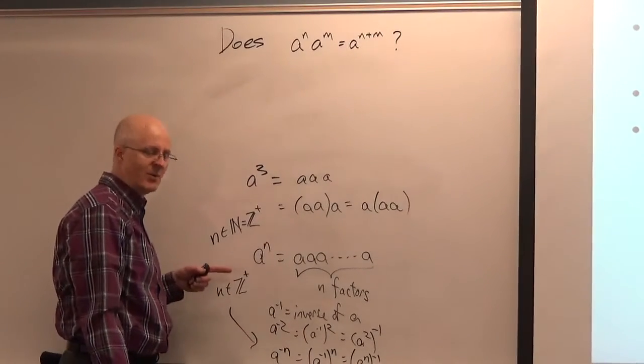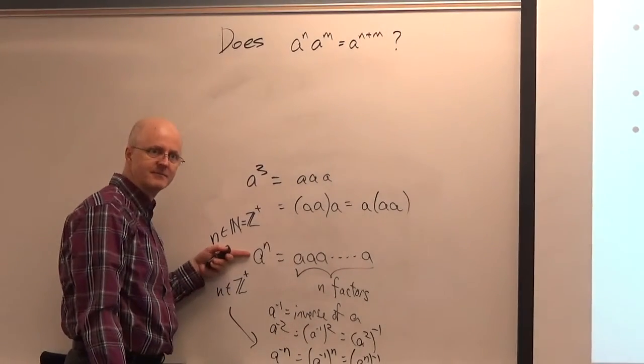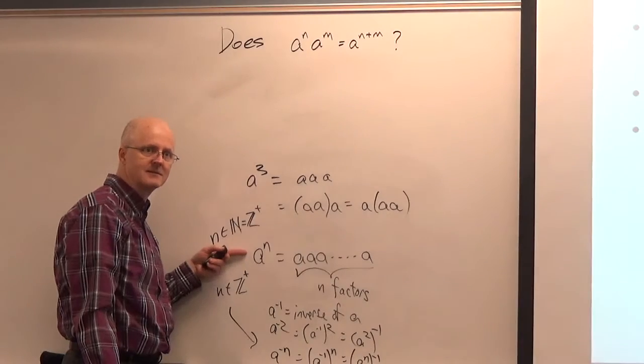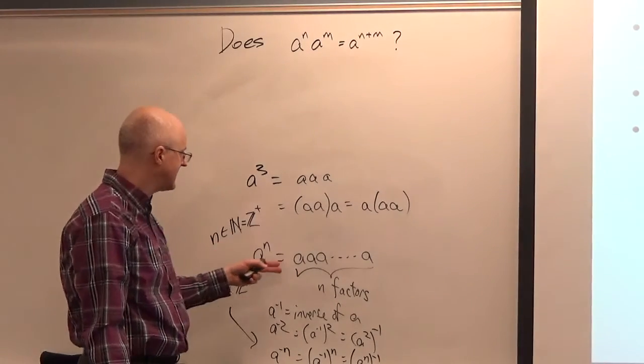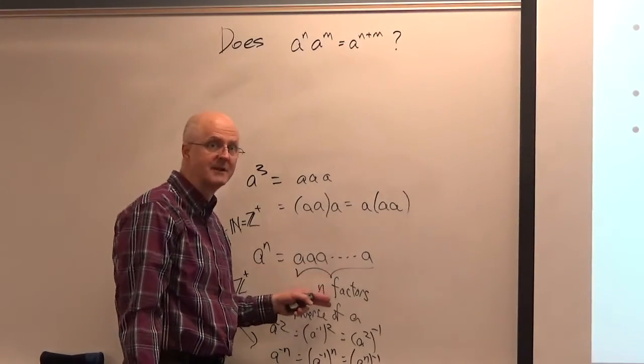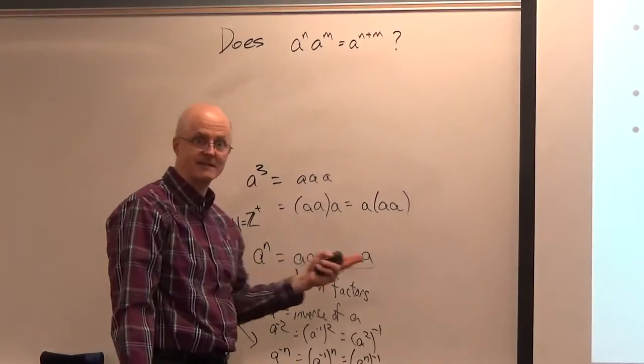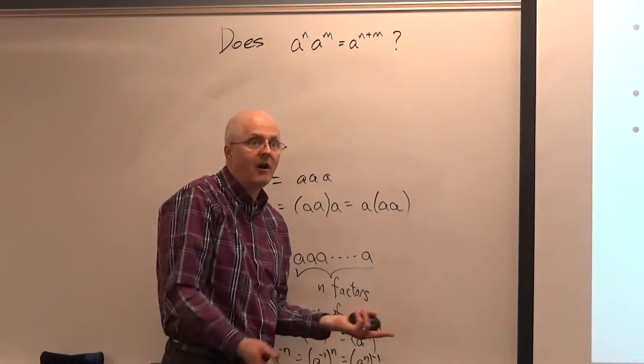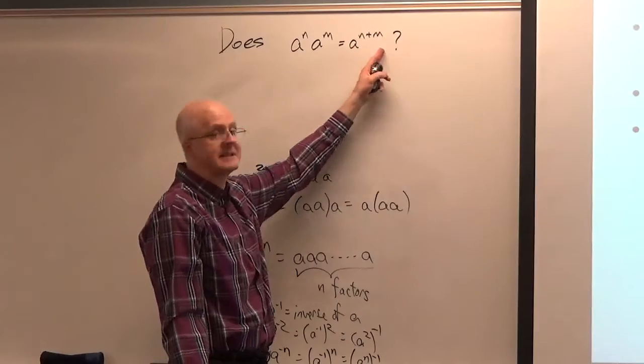Certainly it does in the case where n and m are both positive integers. In that case, because a to the n is a times itself with n factors, a to the m is a times itself with m factors. Altogether, you'd have n plus m factors.